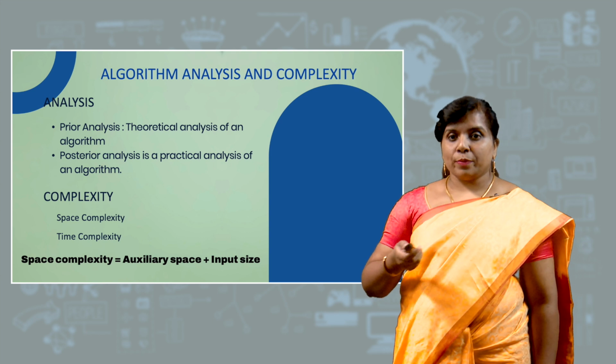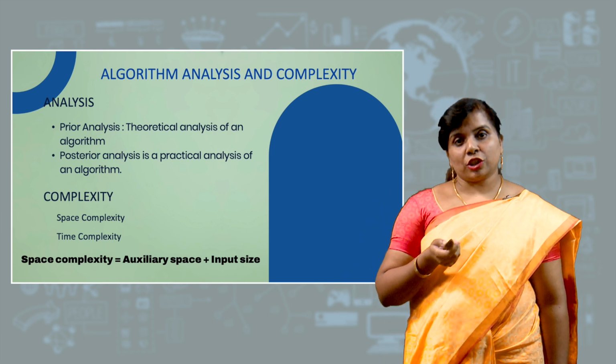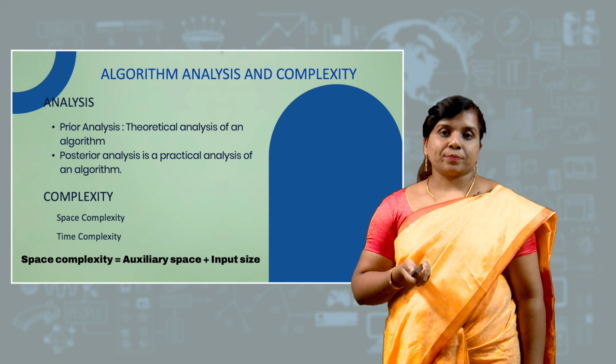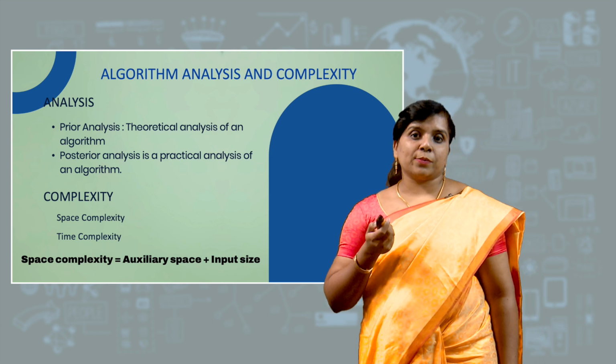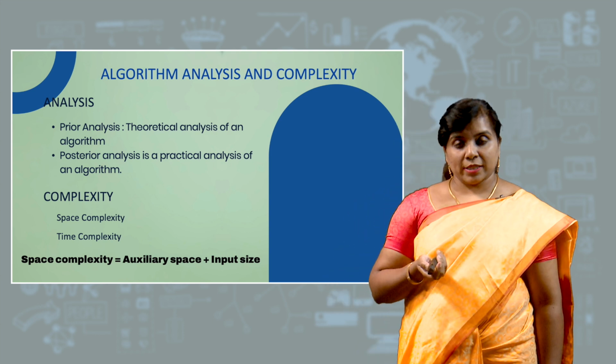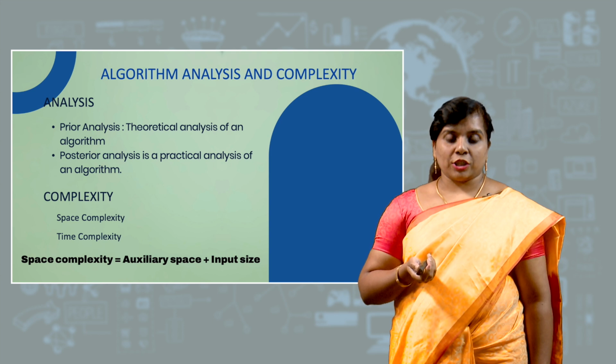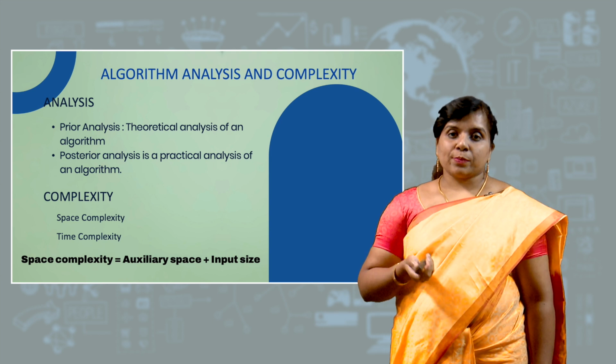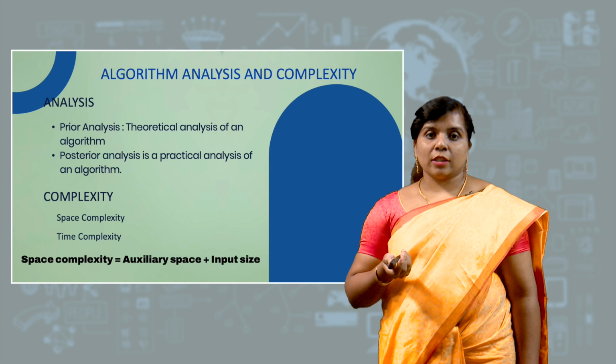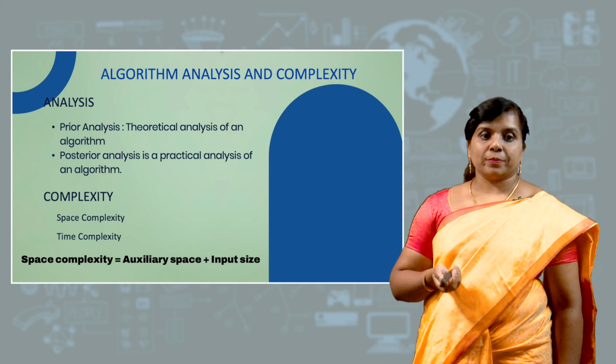All of these should be taken into consideration when we measure the space complexity. And usually for expressing this space complexity, we use the notation called big O notation. So, we usually express the storage requirements of an algorithm in big O notation.